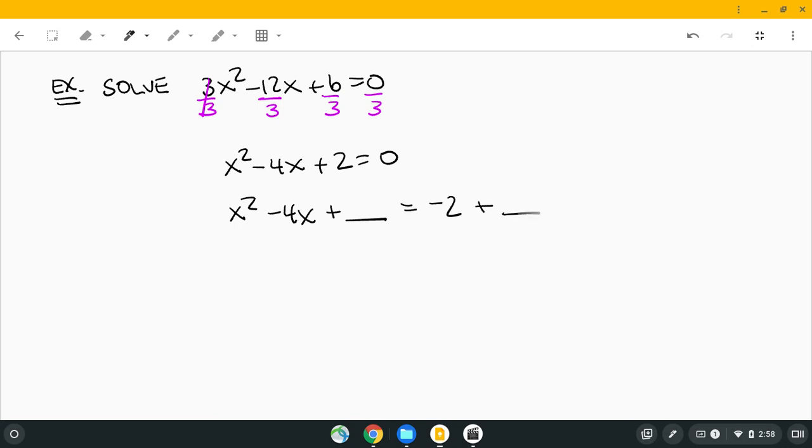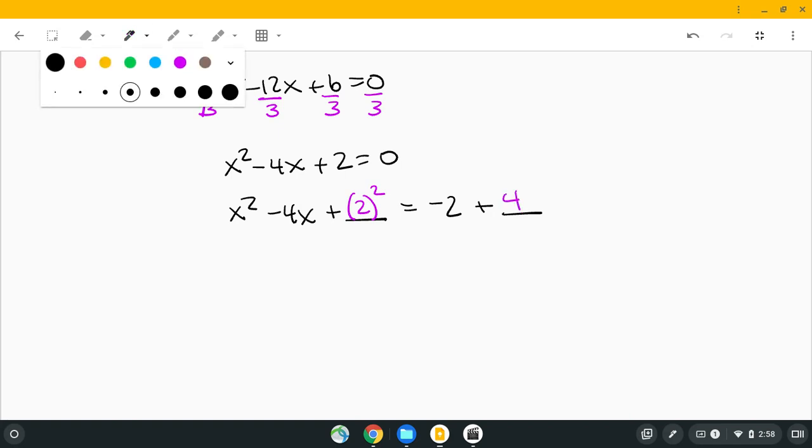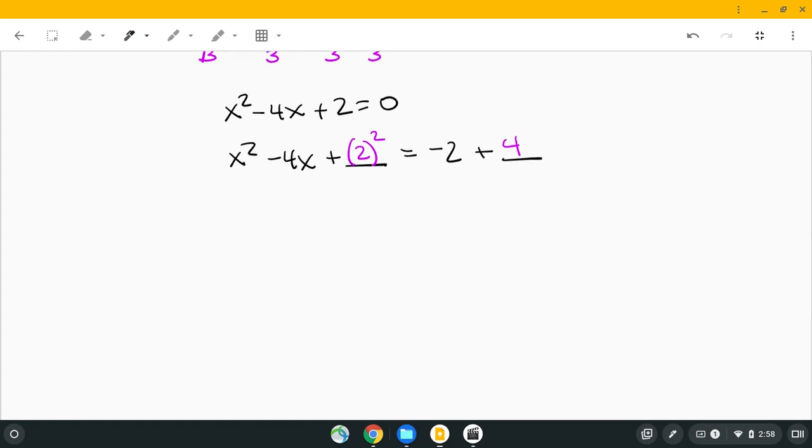So I'll have negative 2 over here, and this is going to be half of 4. Half of 4 is 2, squared. And I will write that as 4 on the other side, just to save myself a step. This will automatically factor to x minus 2, because this is minus. If this were plus, this would be plus 2.